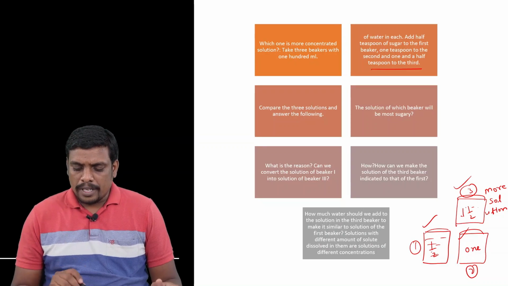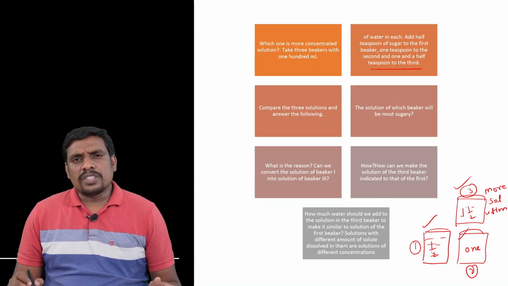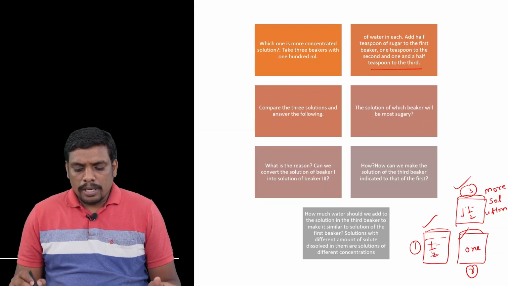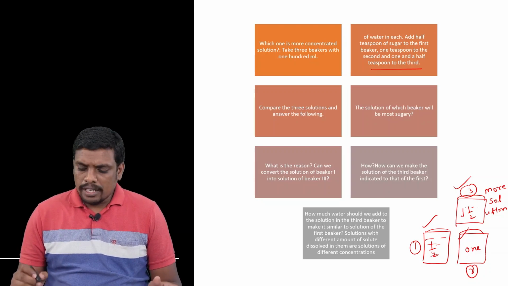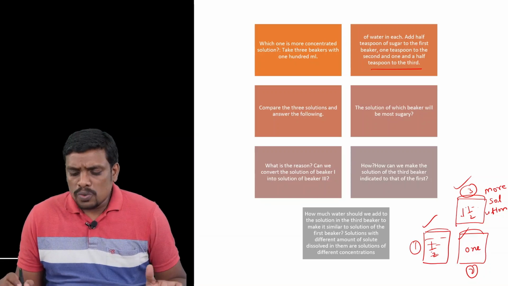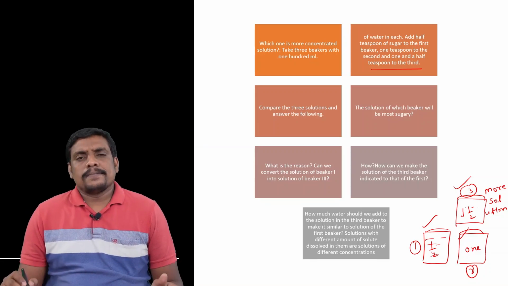Solutions with different amounts of solute dissolved in them are solutions of different concentrations. What I am trying to say is, the solutions present in these three beakers have different concentrations.